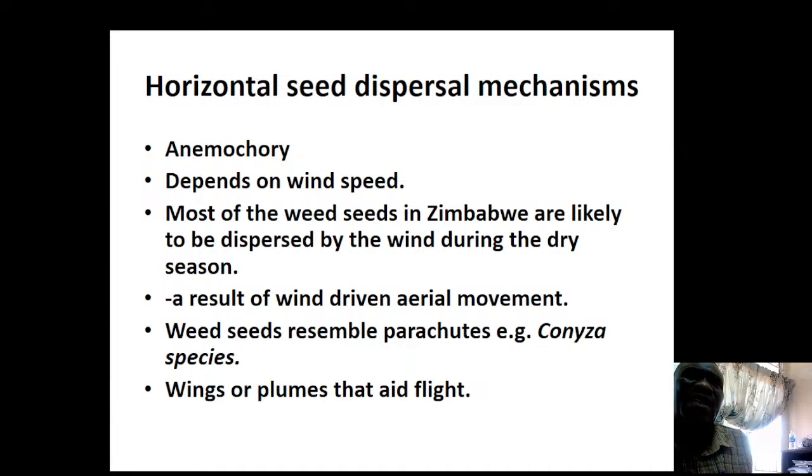So what you are saying is that for the weed seed to be carried by the wind, it should have certain features which allow it to float in the air, like a parachute, or it could have some wing-like structures which can aid flight.